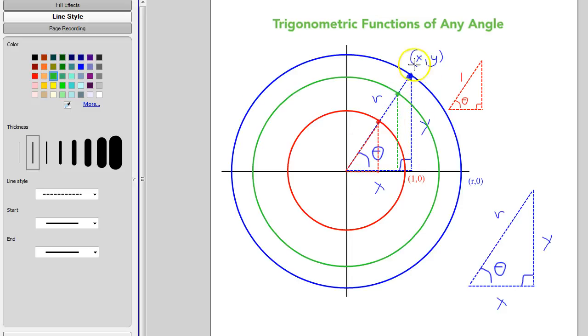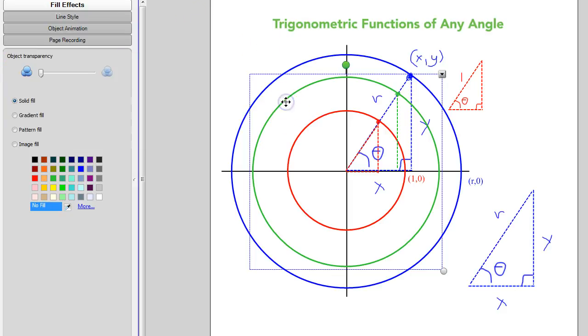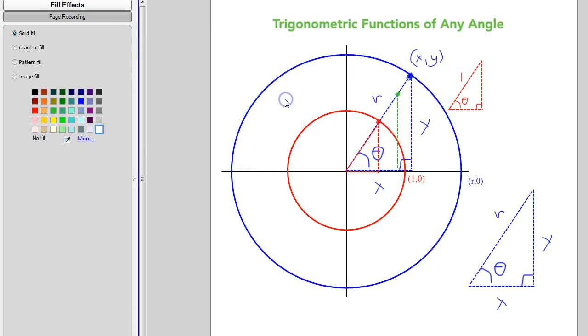I can make a whole bunch of similar triangles like we did in the last section and show that the sines and cosines and tangents would be the same for all of those. So it's basically the combination of the last two sections coming together to make any circle that we want. And we're basically using right triangle trig to create this property.